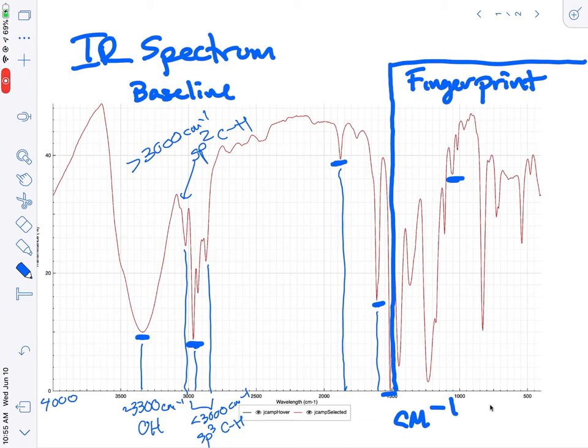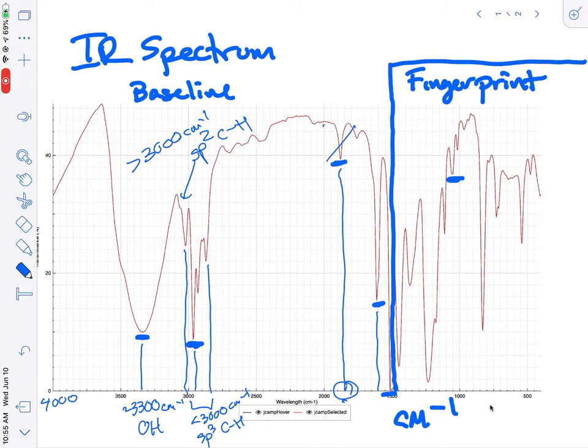The alkyne CH is actually a little bit higher wave number than that. You'll notice I have this peak marked here, but there's nothing that shows up in this particular area. So it doesn't correspond, this sort of 1800 to 1900 region. There's no known absorptions that show up in that particular area.